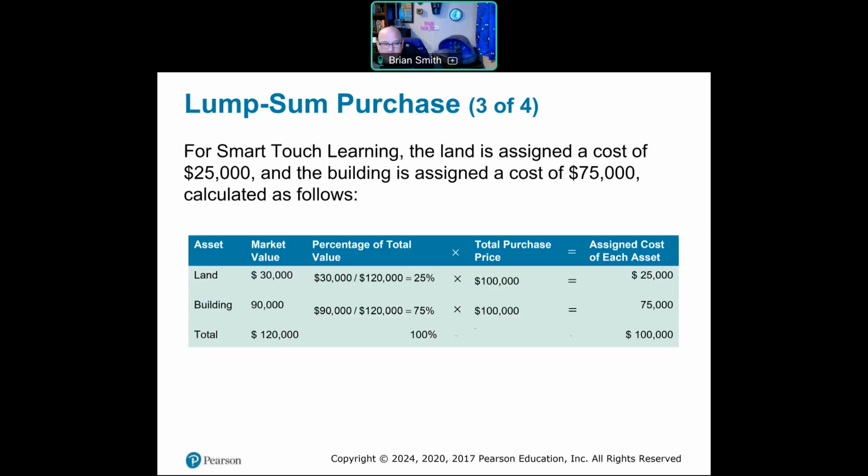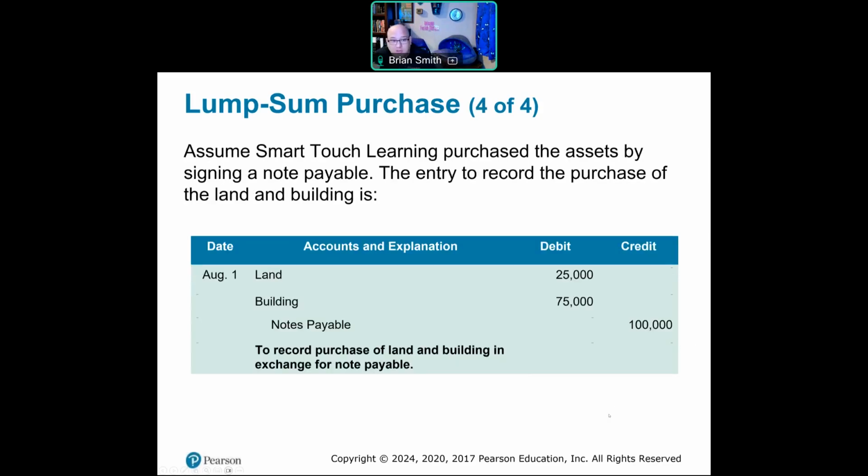Then we multiply our cost, which was 100,000, by that percentage to come up with how much of that 100,000 is allocated to land versus the building. Once you do that, you just journalize it: debit land, debit building, credit notes payable in this case, or cash, depending on the circumstances.